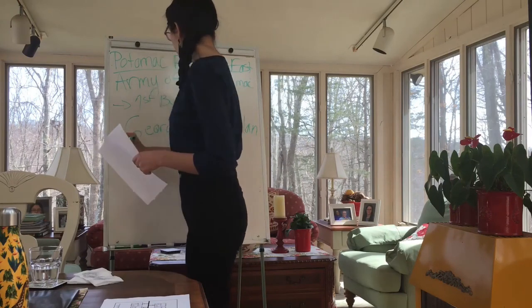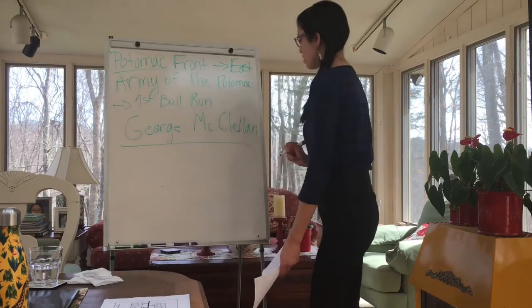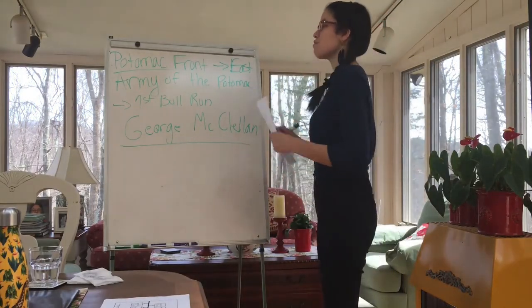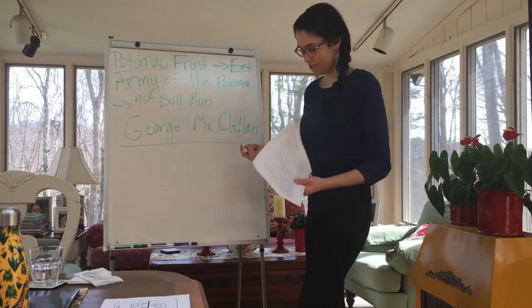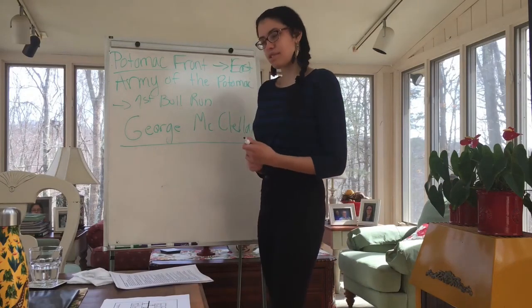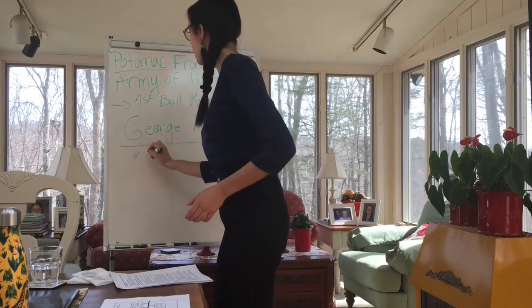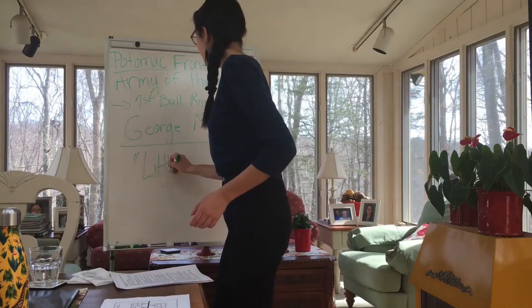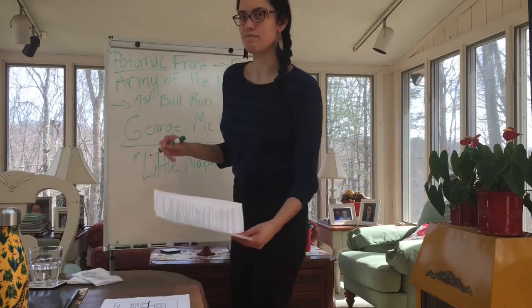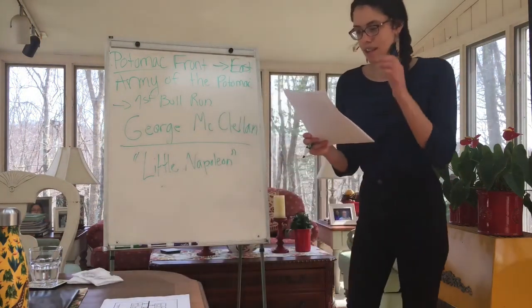We're going to talk about this new general, General George McClellan. So who was George McClellan? What kind of person was he? George McClellan asked newspapers to refer to him as the Little Napoleon, which right there tells you a lot about McClellan and his opinion of himself.